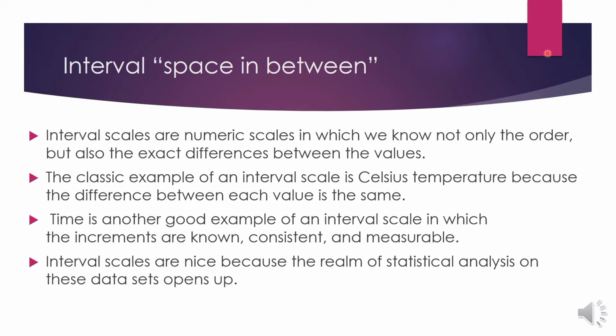Consider this: 10 degrees plus 10 degrees equals 20 degrees. No problem there. But 20 degrees is not twice as hot as 10 degrees, because there is no such thing as no temperature when it comes to the Celsius scale. I hope that makes sense.